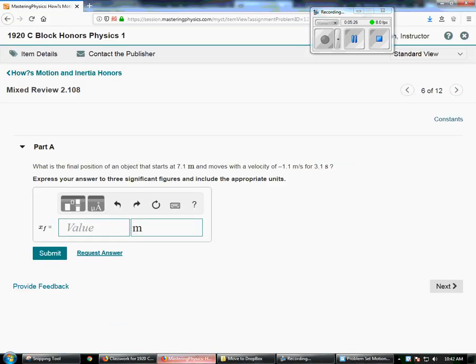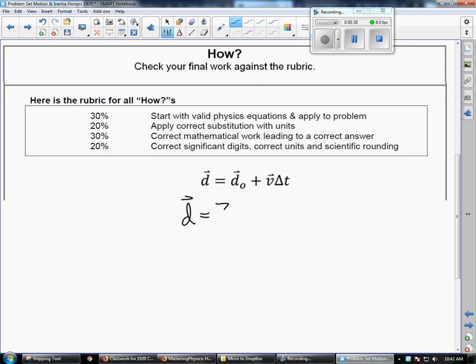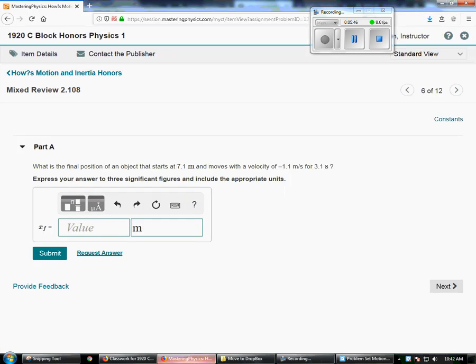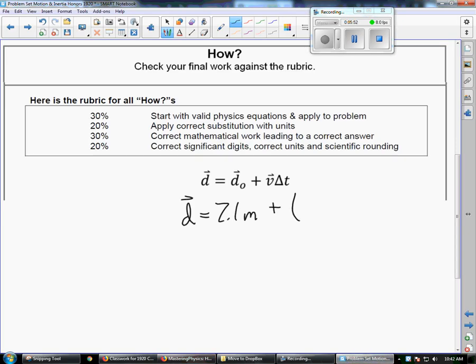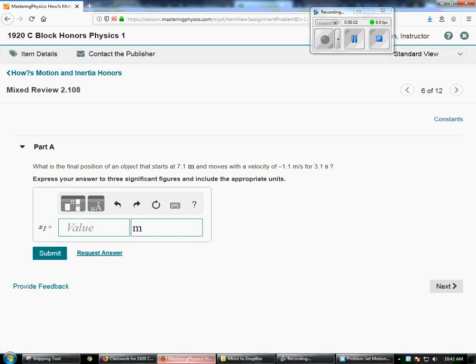D naught, where I start, is at 7.1 meters, and they really mean positive 7.1, but that's understood, so we can put that in. It tells me my velocity is negative 1.1 meters per second, and the amount of time that elapses is 3.1 seconds.